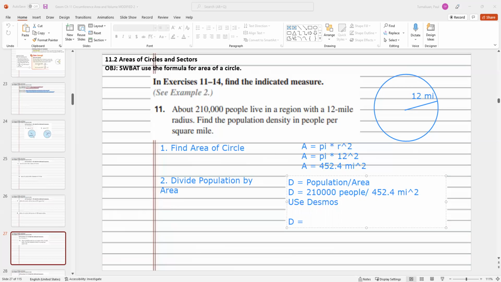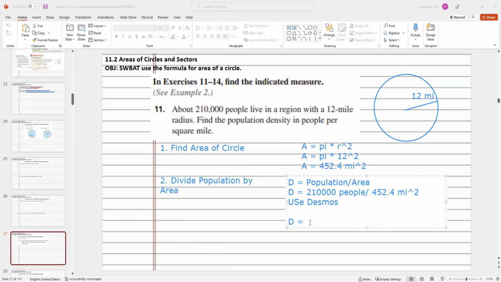All right. So if I did round it, look at the answer. Try putting in 210,000 divided by 452.4, and you get 464.19. Well, this one's okay, I guess. But some of them aren't going to be good.